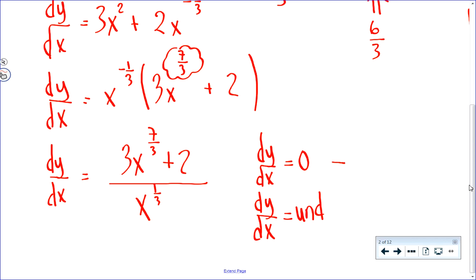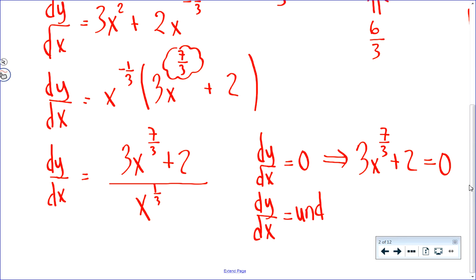So what we're really looking for, values of x that make the derivative equal to 0, are the solutions to this equation.